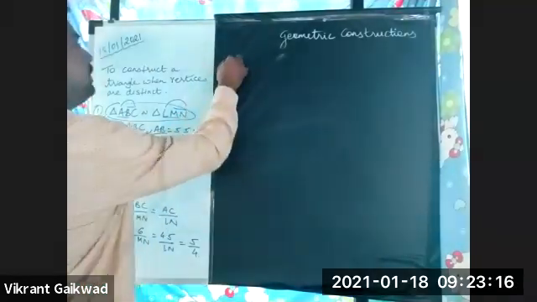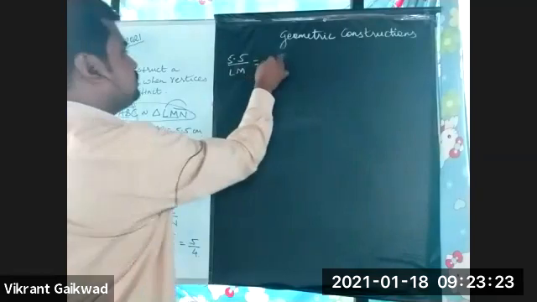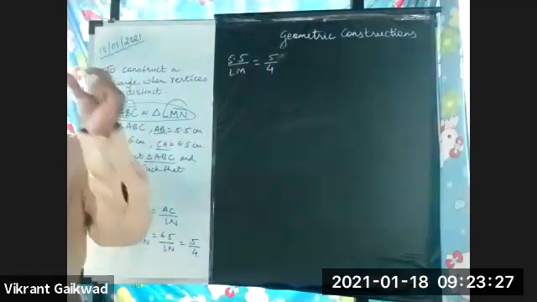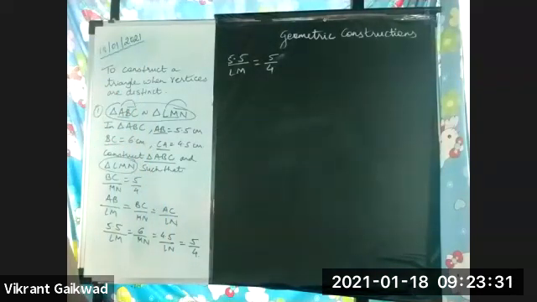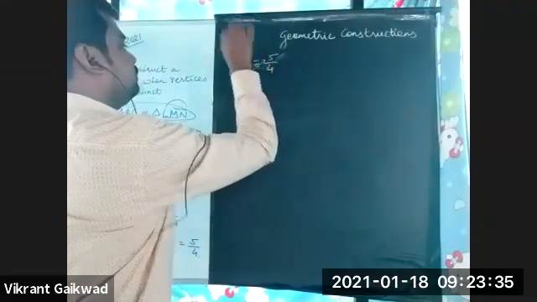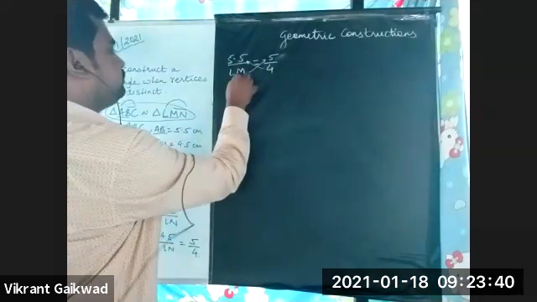Now, for example, I'll take first and last. Say 5.5 upon LM equals 5 upon 4. Check the way I'm going to find each side. So you will cross multiply to get value of LM.